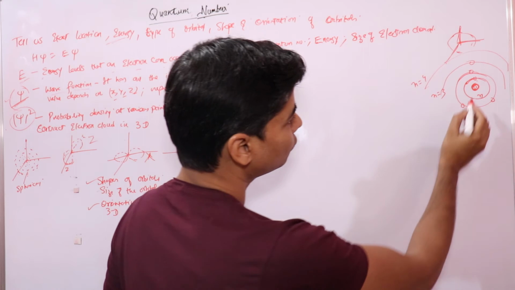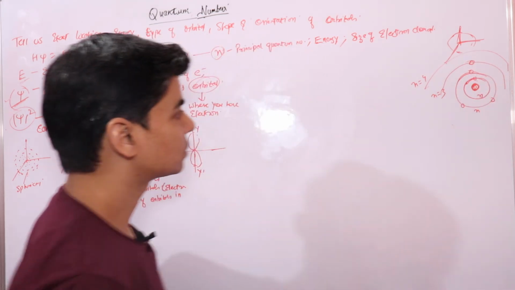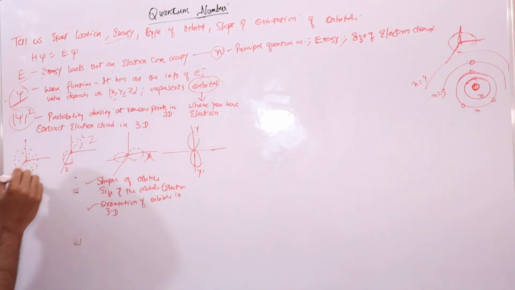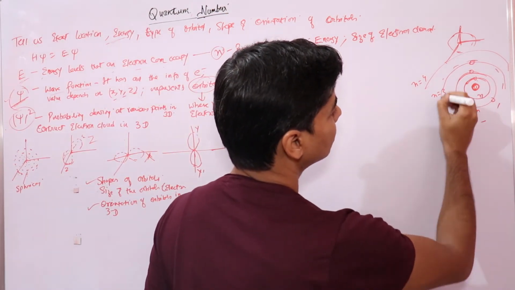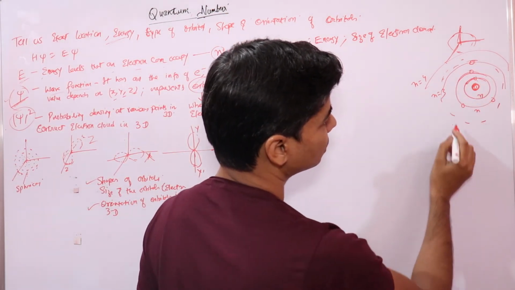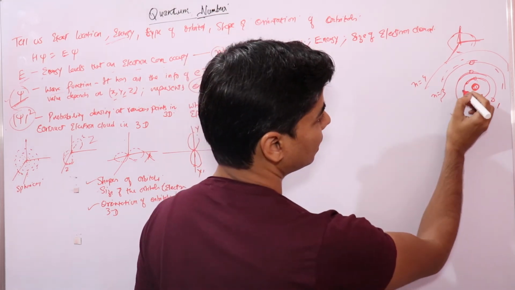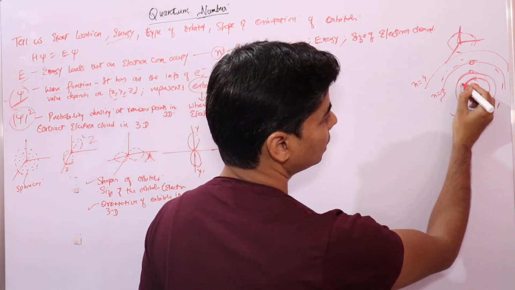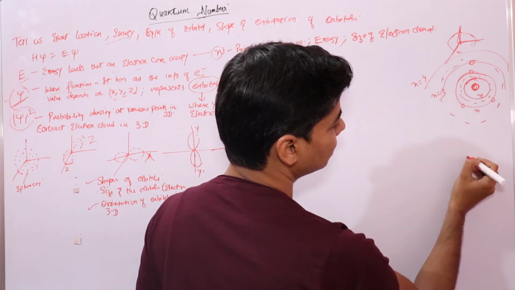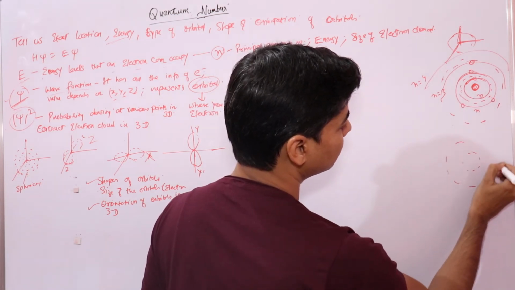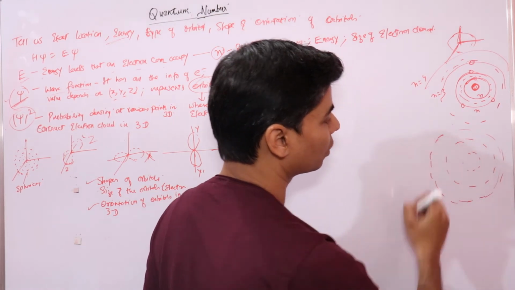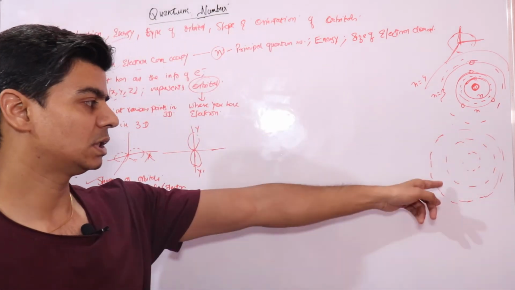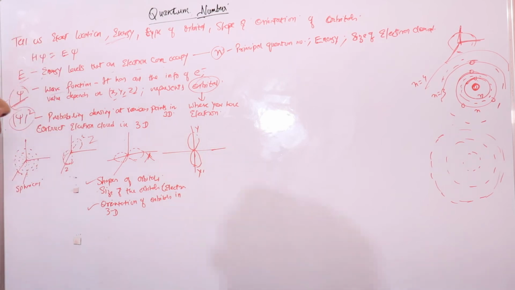For this electron, if you construct an electron cloud, it would be somewhat like this, bigger. And if you construct the electron cloud for this electron, which is nearer to the nucleus, it would be like this. These are spherical orbitals.